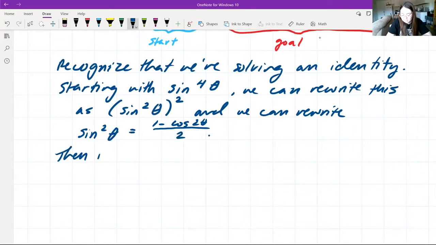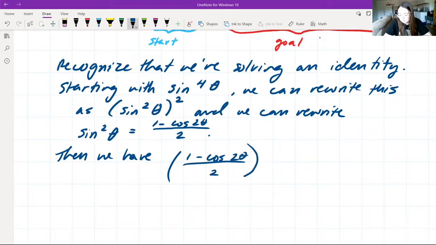So replacing this, we end up with 1 minus cosine of 2 theta divided by 2, squared, which we can then solve, so we get rid of the squared. And when we do, we are squaring 1 minus cosine of 2 theta.